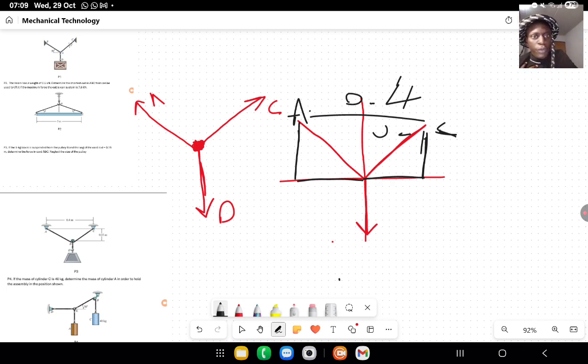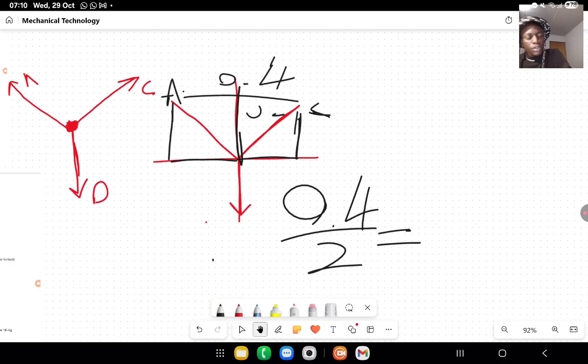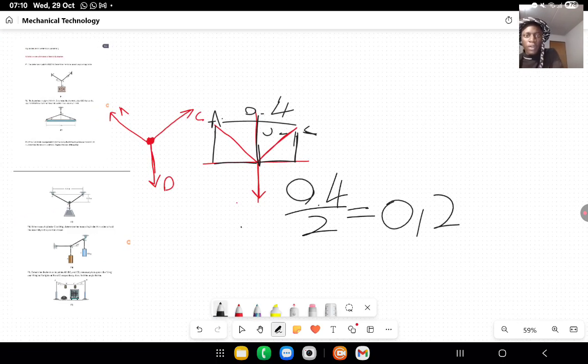That means from our y-axis to there, when we need the distance, we say 0.4 divided by 2, which is 0.2. Okay, fine. Now we know that we have 0.15 meter and 0.2.